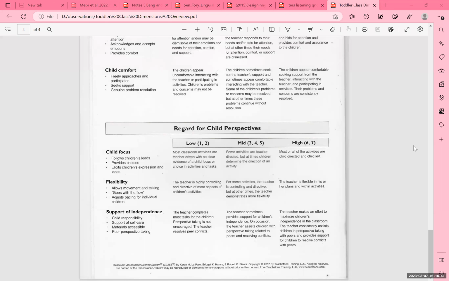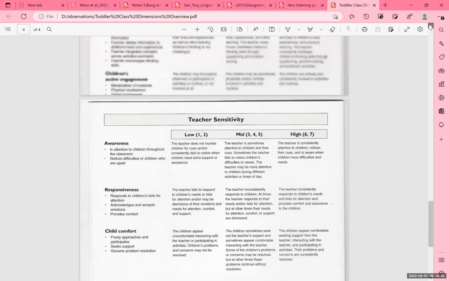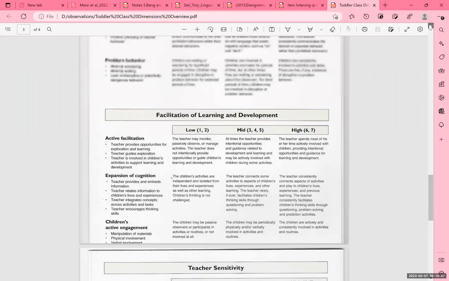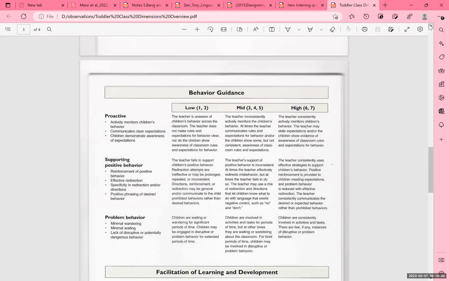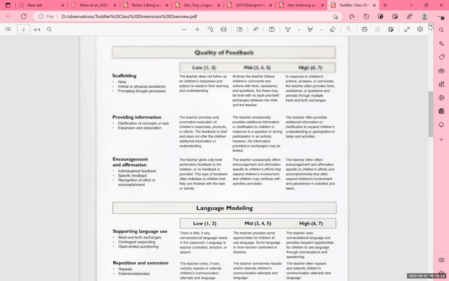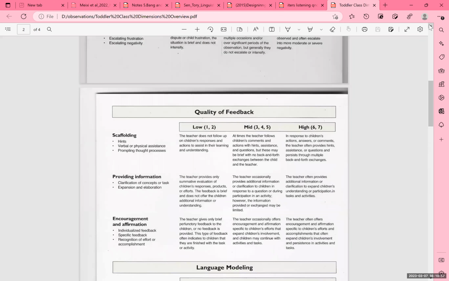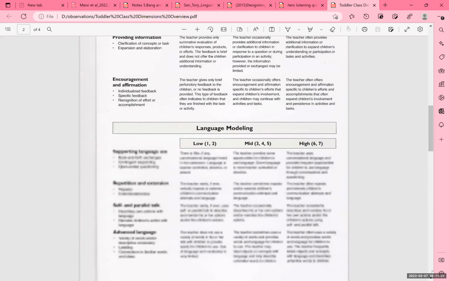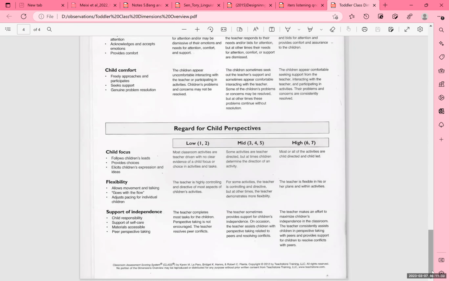So the class domains are regard for child perspective, teacher sensitivity, facilitation of learning and development, behavior guidance, language modeling, and quality of feedback. We're not going to use the additional 2 on the first page. We're going to focus on these meat and potato domains.